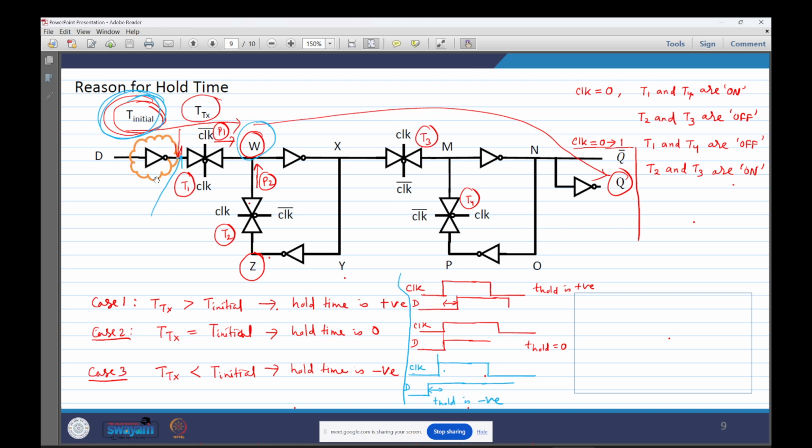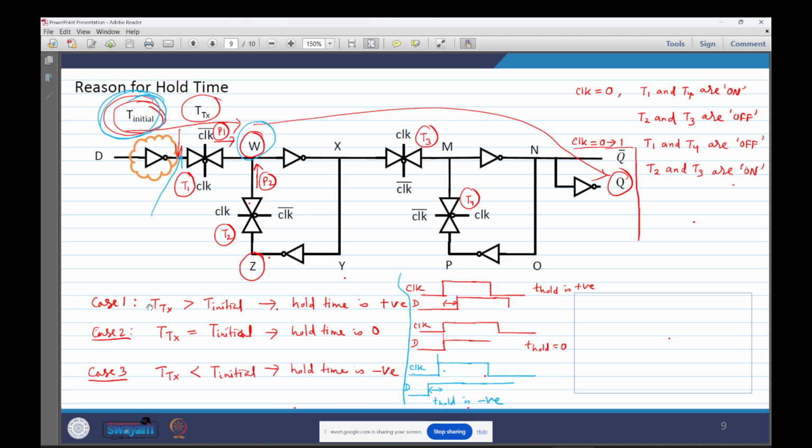If T initial is larger, then the data will never come to this point. Since data will not come to this point, it will never corrupt W. So your hold time is negative.